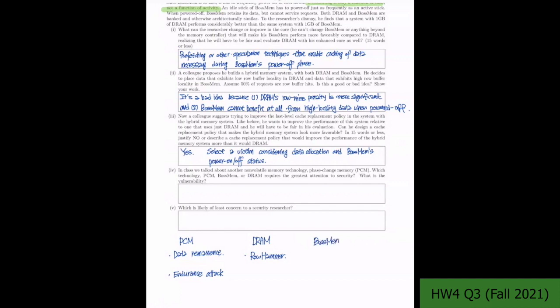And how about BossMem? This question does not assume any limitation in BossMem's endurance or something like a RowHammer effect. So it has only the data remanence problem, as it is also non-volatile memory.